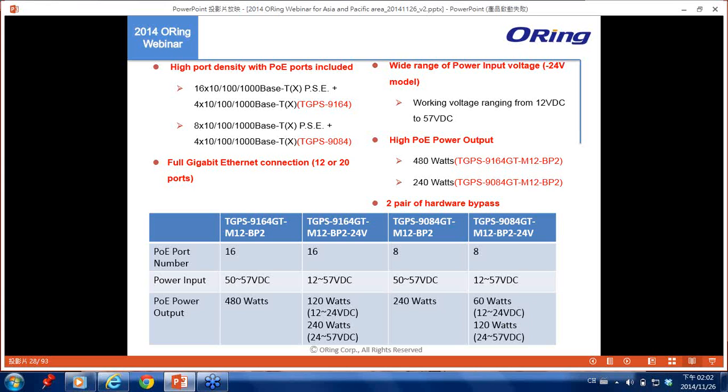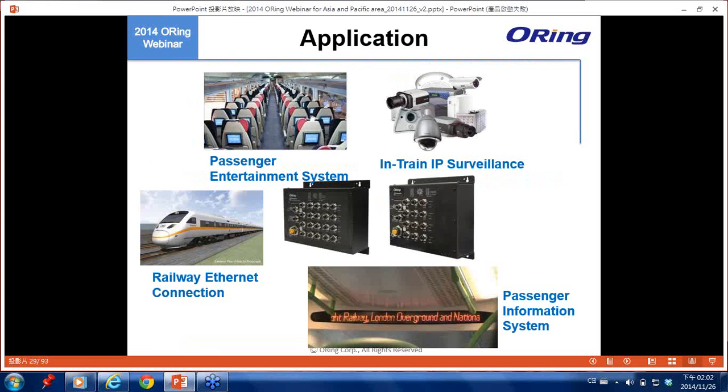So for these two models, you can use them in some in-train entertainment systems or in-train IP surveillance that requires high resolution applications, where the bandwidth requirement will be higher. Applications include in-train IP surveillance, passenger entertainment systems, and railway Ethernet connections.